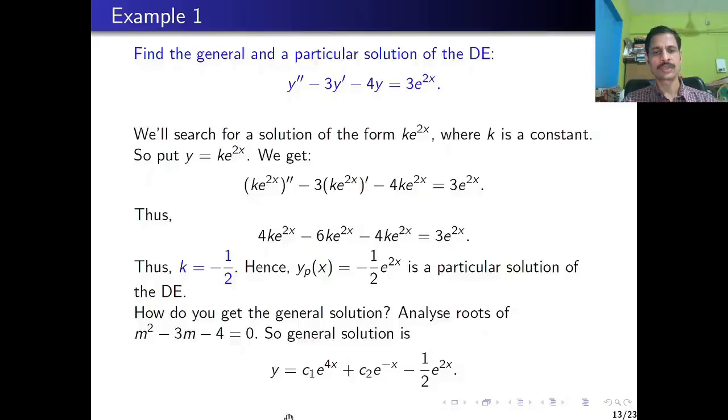So the general solution of the associated homogeneous ODE is C1 e raised to 4x plus C2 e raised to minus x. So the general solution of the non-homogeneous ODE is y is equal to C1 e raised to 4x plus C2 e raised to minus x minus half e raised to 2x.